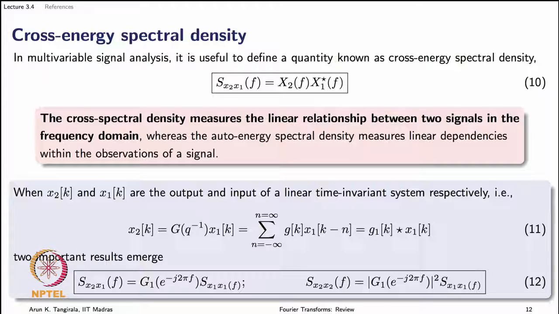And of course, an important application of these results is in the computation of the frequency response functions in system identification, where I am given input output data, and therefore, I can compute the left hand side, the cross spectral density, and this second factor on the right hand side. Knowing these two, I can obtain an estimate of the frequency response function.